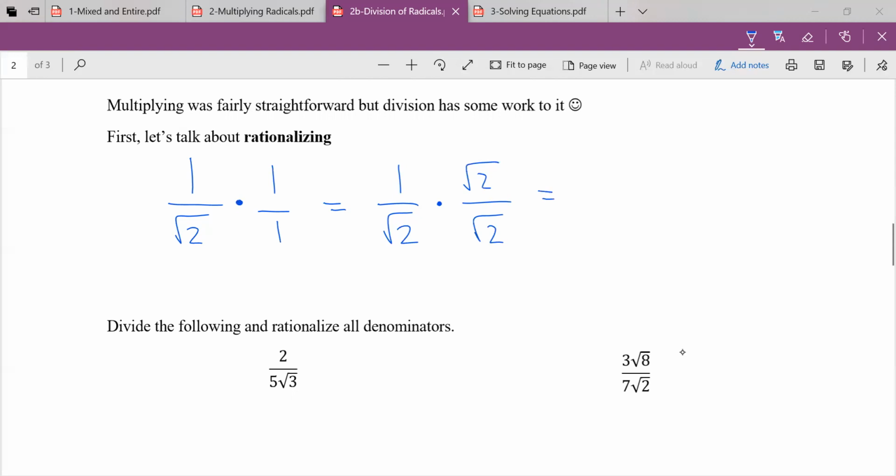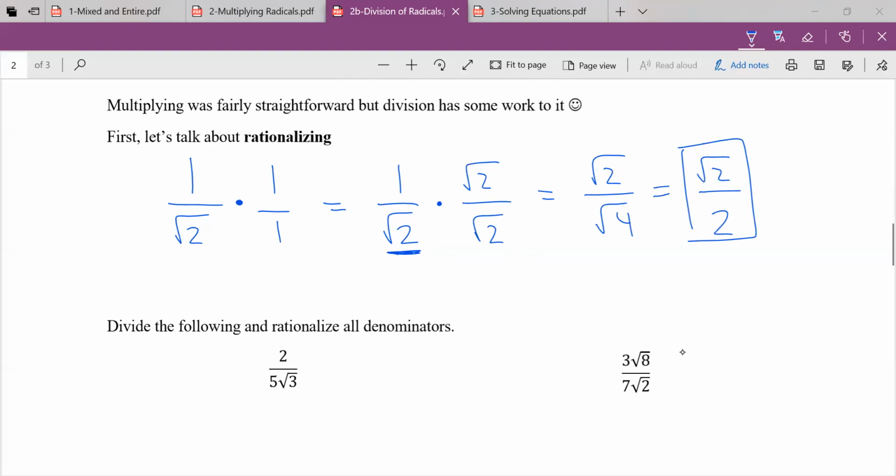What do I get? 1 times root 2 is root 2, and root 2 times root 2 is the square root of 4, and the square root of 4 is 2. So that's how we're going to rationalize. We'll rationalize by multiplying by 1 in a sneaky way. We'll multiply numerator and denominator by the radical that we see in our denominator.